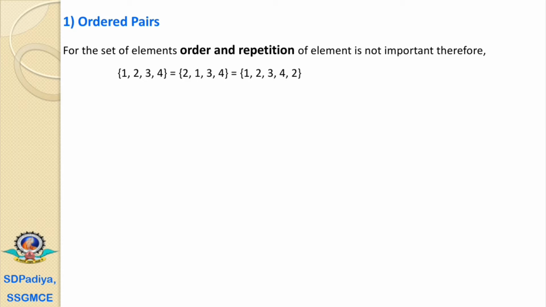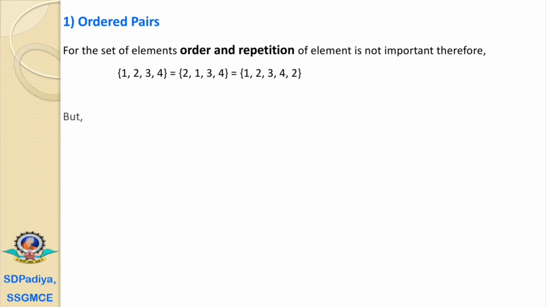And repeated terms also have no importance in a set. That's why the set {1, 2, 3, 4} equals {2, 1, 3, 4}, and again equals {1, 2, 3, 4, 2}. Here the element 2 appears two times, but still there is no importance. We can consider it only once.